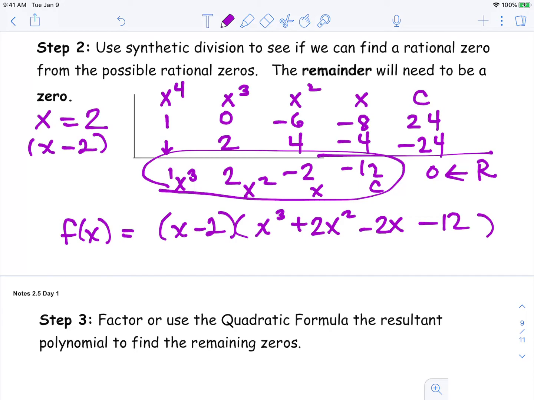Now we have 3 more zeros to find. We try and factor it if we can. If it's a quadratic, then we could use the quadratic formula.